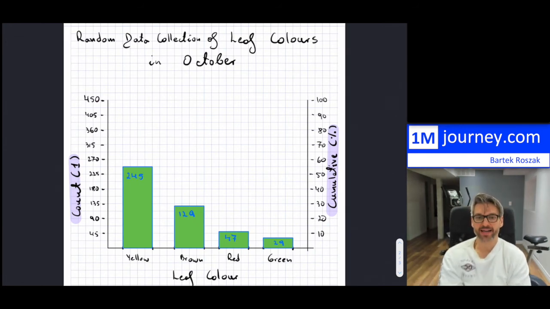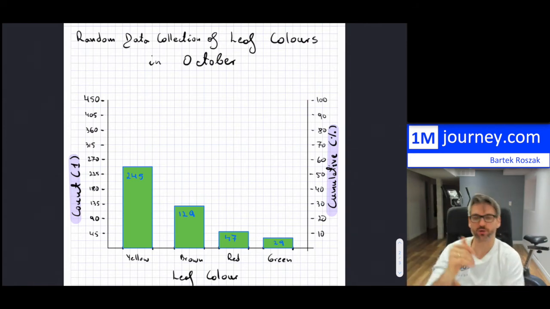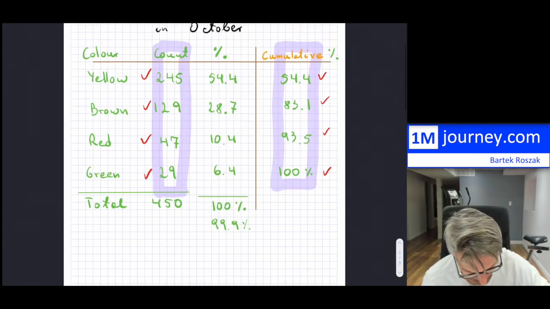So welcome back. Okay, so now I have my bar graphs in decreasing order here. Notice I put in the numbers in the bars as well. You don't necessarily always have to do that. The next step is to create the right-hand side, the cumulative. And for the cumulative, we're taking the percents.